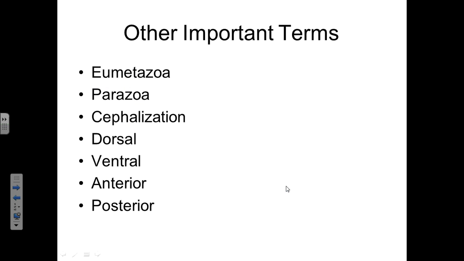is this one right here, cephalization. Whenever you see those letters, C-E-P-H-A-L, anybody know what that refers to? Cephalo, cephal. It means head. This word cephalization means that animals typically have sense organs that are mostly concentrated in their head.